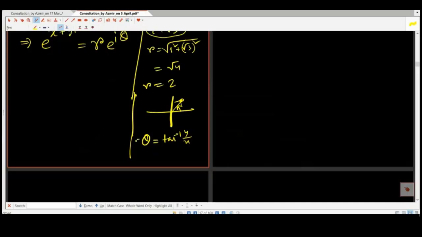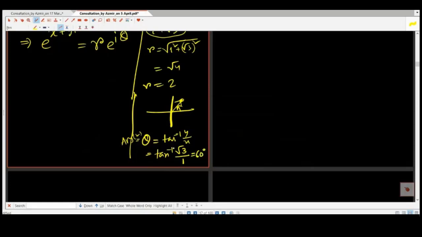That means this will be the principal argument. So we always need to find the principal argument. So inverse tan of square root of 3 over 1, that means tan inverse square root of 3, it will be 60 degree.